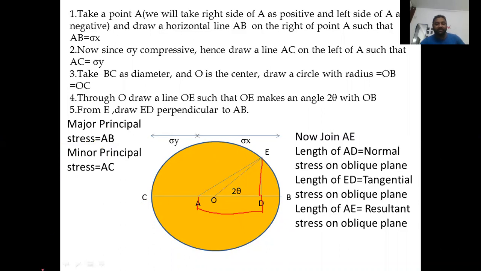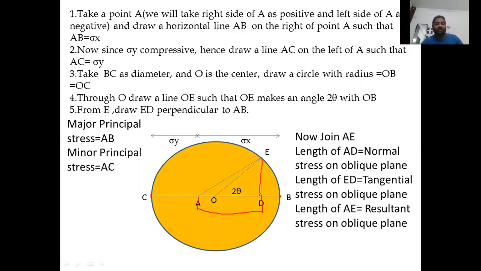The shear stress is ED, the perpendicular line, and the value of ED will be 0 at the point B and at the point C. So these two planes are the principal planes. We can say the length AB is the major principal stress because AB is the normal stress acting on the principal plane. So AB is the major principal stress and AC is the minor principal stress.